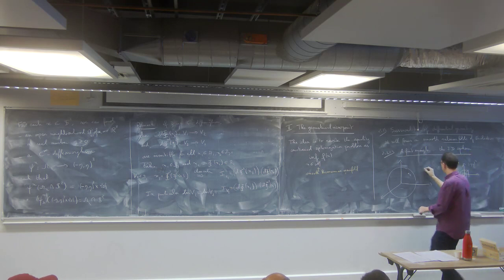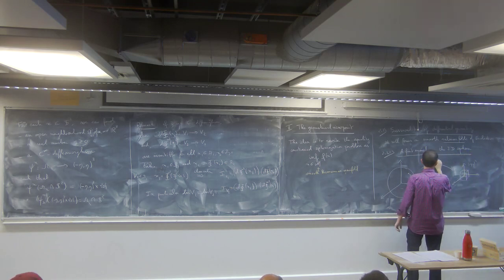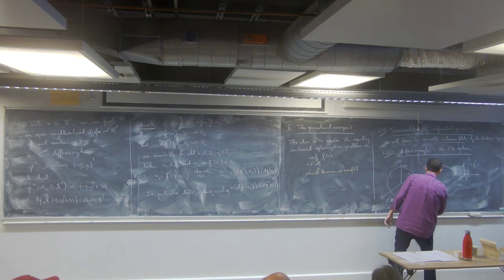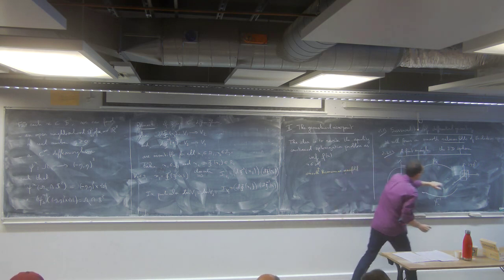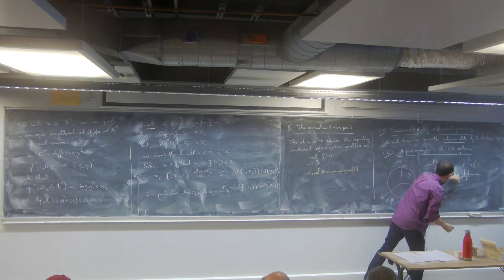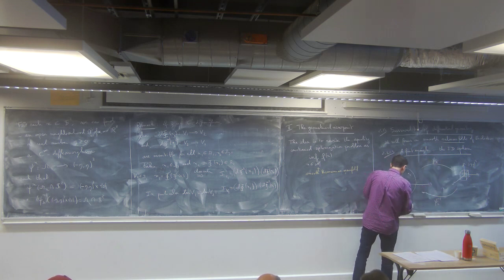Okay, and then there is a mapping. So this is psi x, and this is psi x minus 1, which transforms this cube into something which looks like a curved cube, if you want.